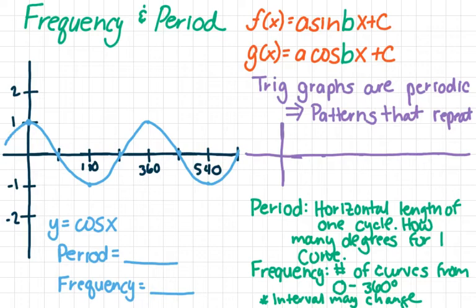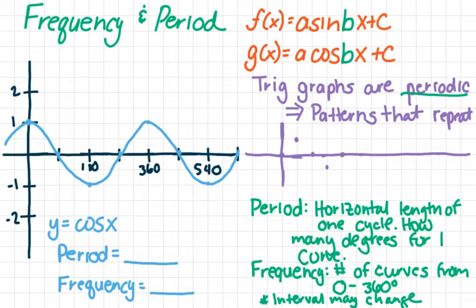Trig graphs are periodic. That means that a pattern will repeat. I can show an example of a sine function going beyond 360 degrees by repeating our 5 key points. Our 5 key points of sine being output values of 0, 1, 0, negative 1, 0.